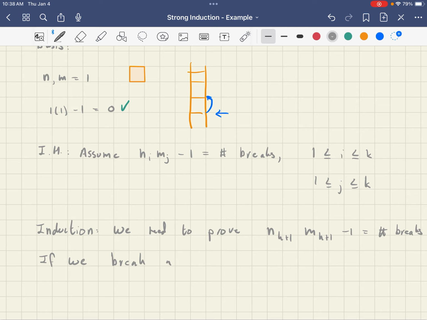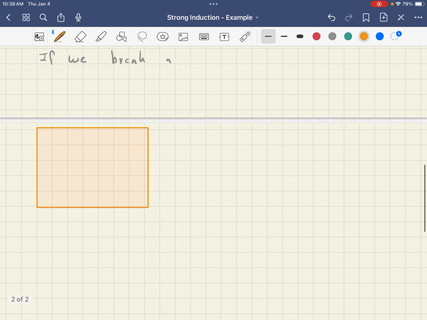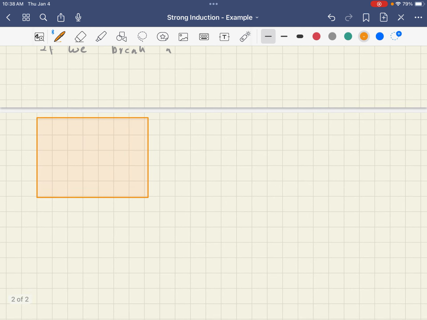So let me illustrate that with an example. It can be kind of hard to talk about it without a visual example. So say we'll have this bar here. Okay, we have this bar here, and then we break it into two pieces. Let's see actually how big is this.